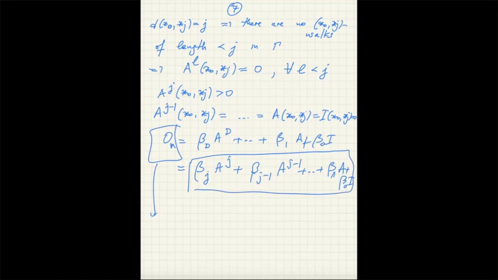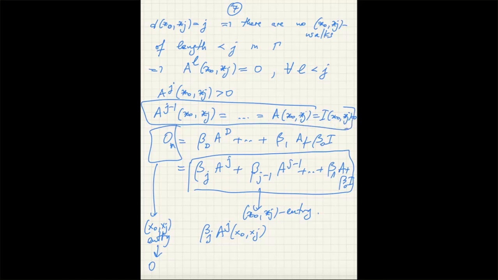Now, the entry X0, Xj on the left should be 0. What is the entry X0, Xj on the right? That is beta j times A^j at X0, Xj, plus beta j minus 1 times the entry X0, Xj in A^(j-1), and so on. But all those entries are 0, so the only one that survives is beta j times A^j at X0, Xj.